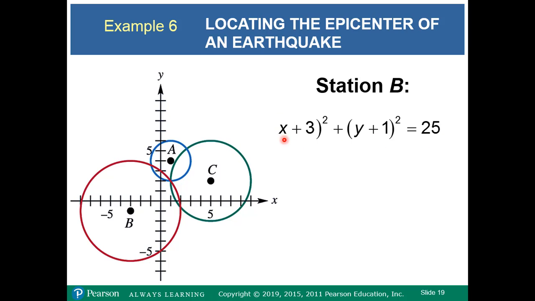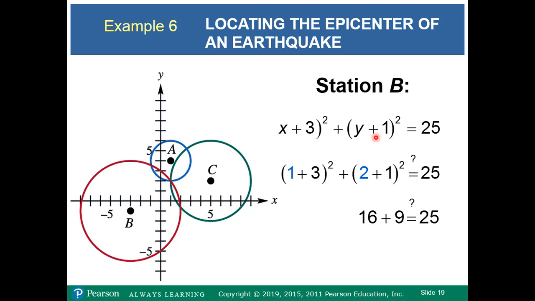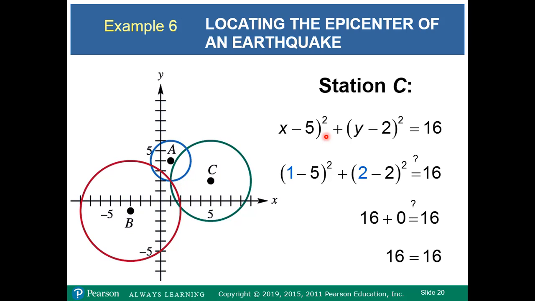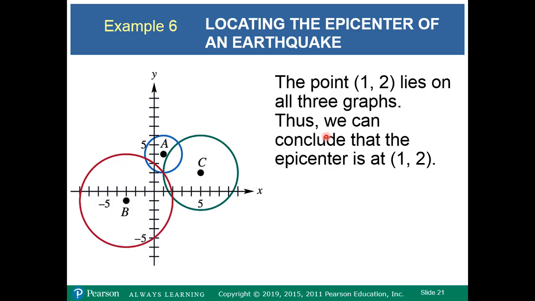And now we're going to plug in 1 and 2 again, and we're going to see if we get 25 equals 25. And sure enough, we do. And finally, with the last one, we're going to see if we plug in the values and we get 16. And sure enough, we do. So we just verified algebraically that the epicenter is indeed located at 1, 2.